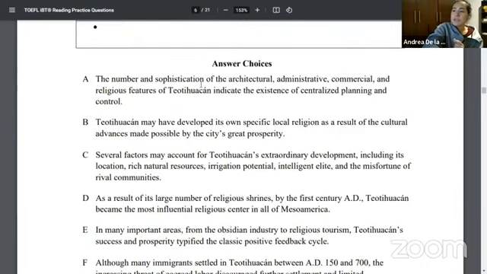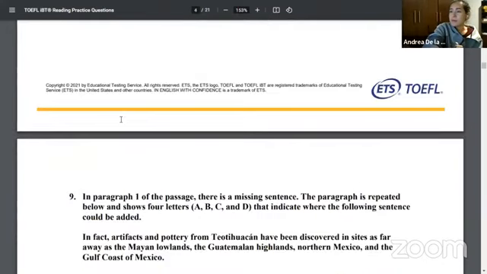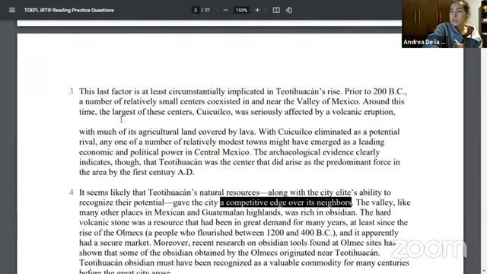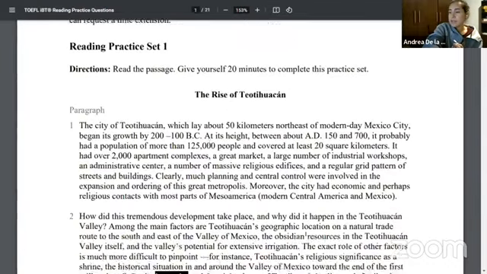The number of and sophistication of the architectural, administrative, commercial, and religious features of Teotihuacan indicate the existence of centralized planning and control. That's exactly the same as what we just read, right? They talked about architecture, administration, religion, commerce, and they say that much planning and control were involved in the expansion and ordering of the city.